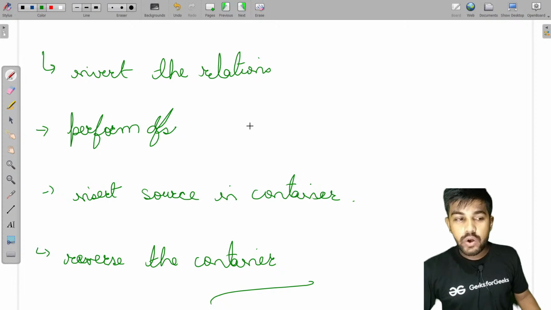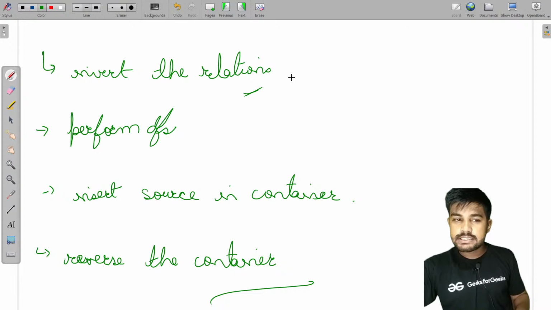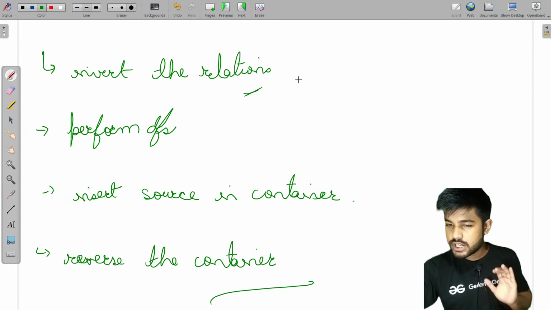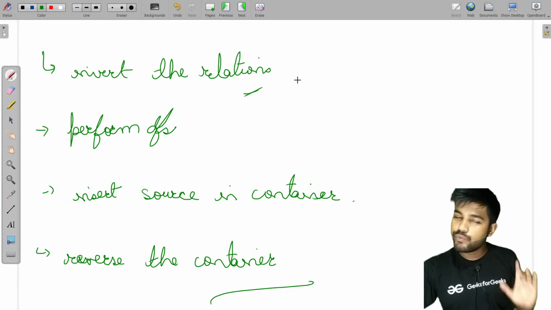Now, what do you mean by invert the relations? I am making notes for you. Just understand this, and I would tell you when to take a screenshot. Take a screenshot and keep it and revise it when needed.